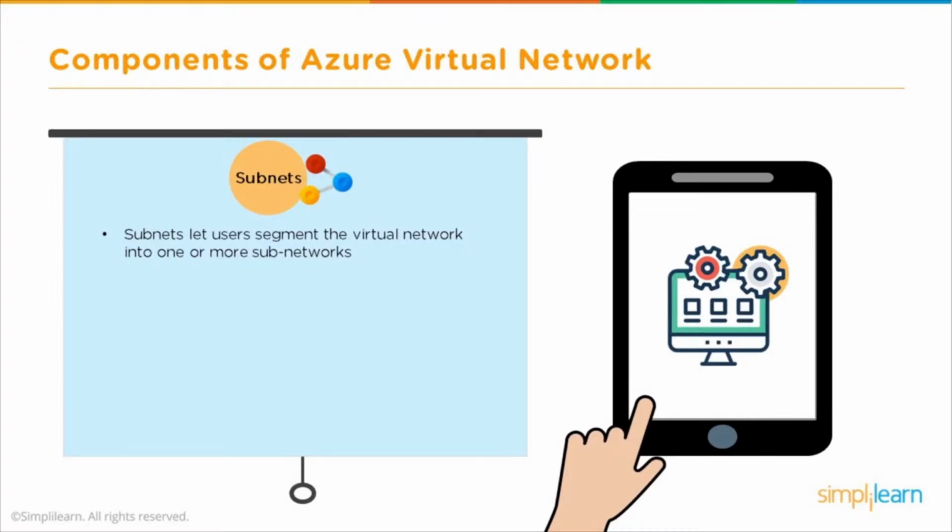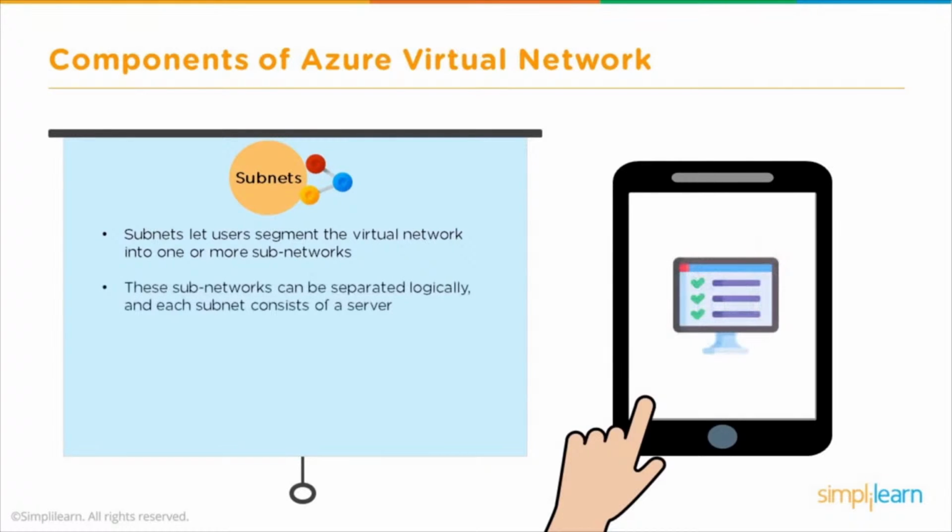In that case, you would create the subnets and the subnet IDs that would be allocated to those departments. These subnetworks can be separated logically, and each subnet consists of a server. When you create a subnet, you can create a server or an instance inside that subnet, and how you want to give access to that instance depends on the criteria or the requirement.